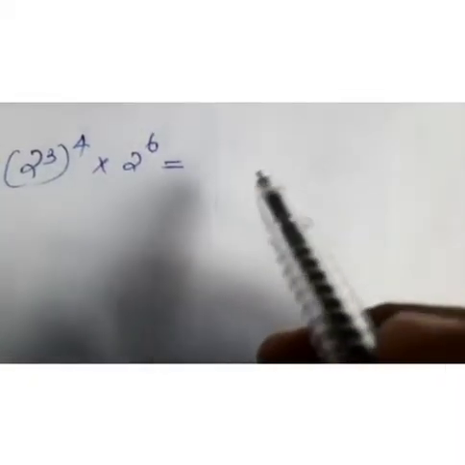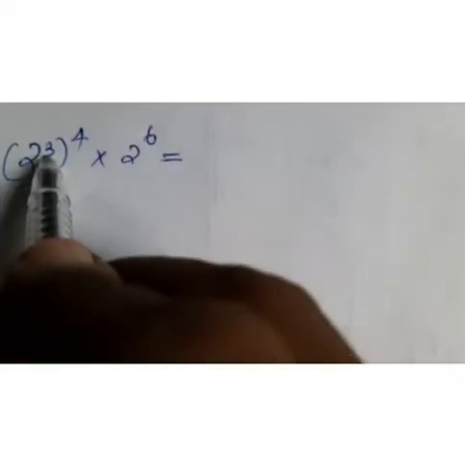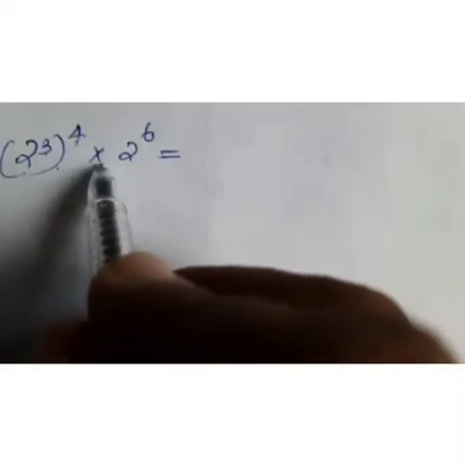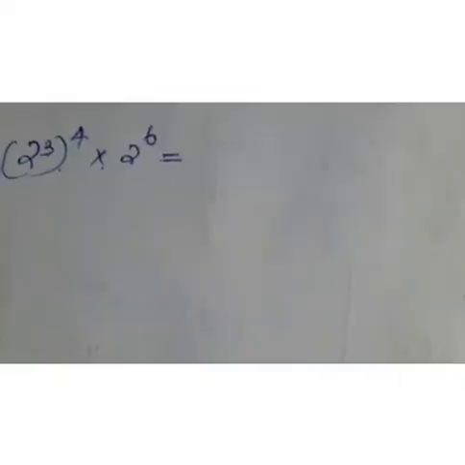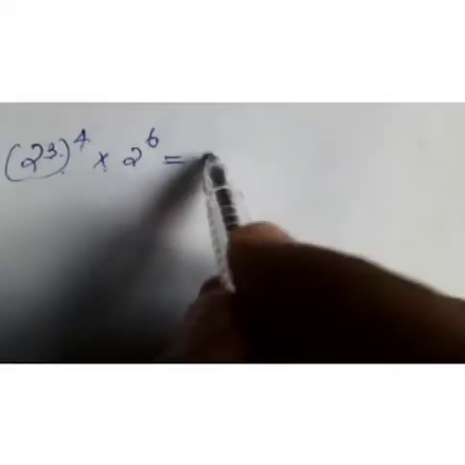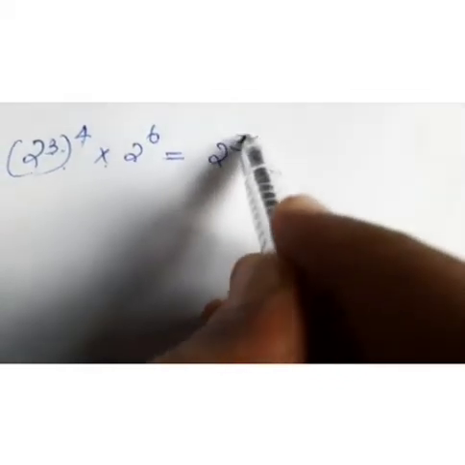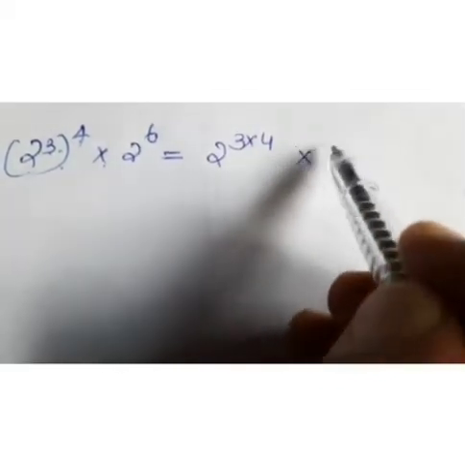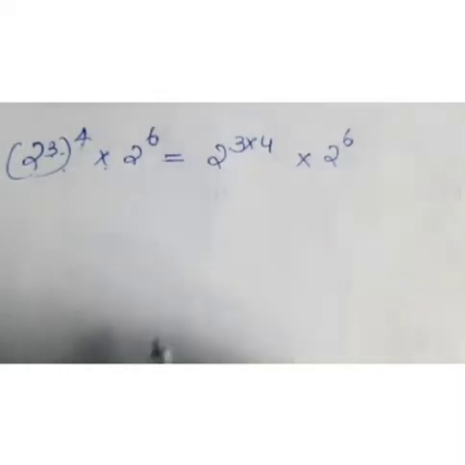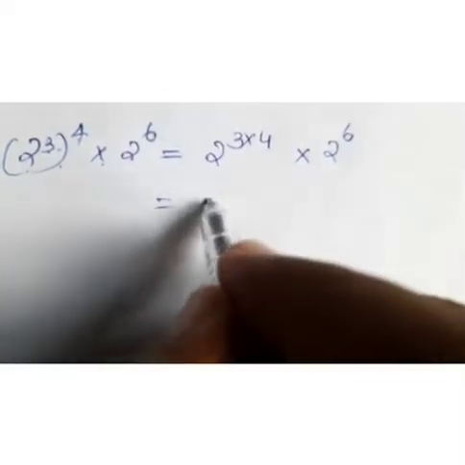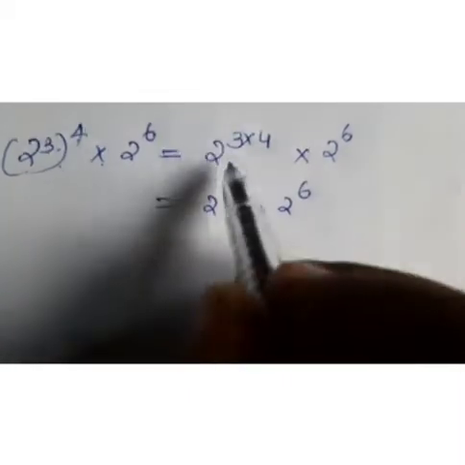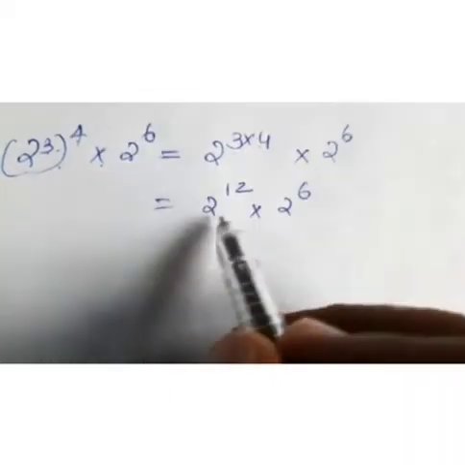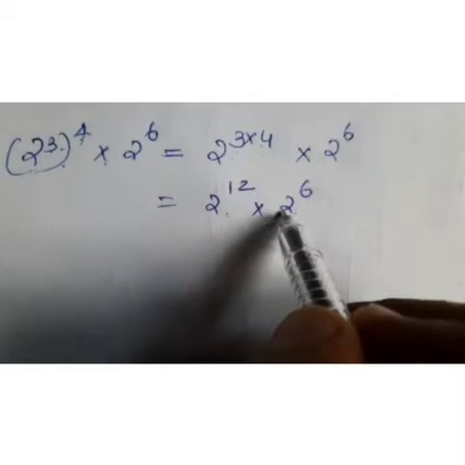If it comes like this, how will you find out? 2 raised to 3 whole raised to 4 multiplied by 2 raised to 6. So first you have to do this one. 2 raised to 3 into 4 multiplied by 2 raised to 6. What is 2 raised to 12 multiplied by 2 raised to 6? This is the power of powers. What about this? This is your multiplication rule.